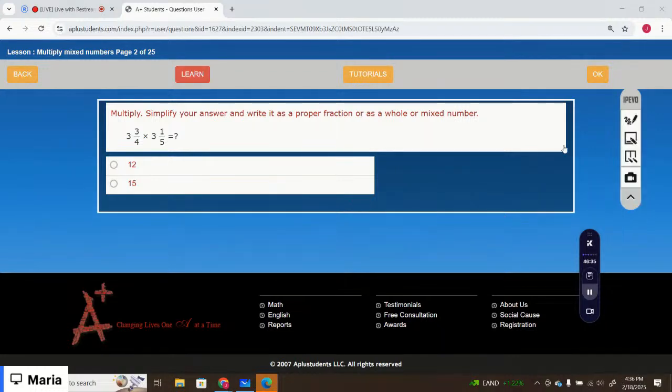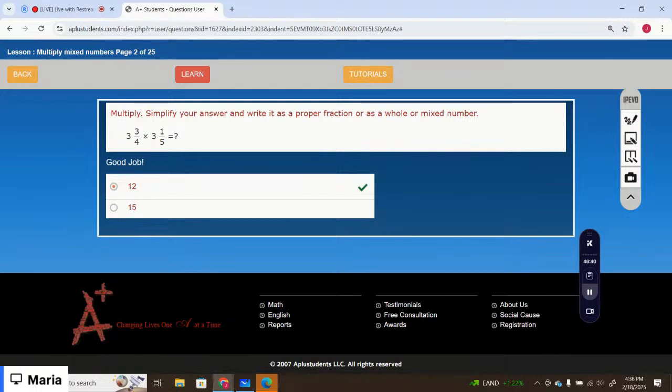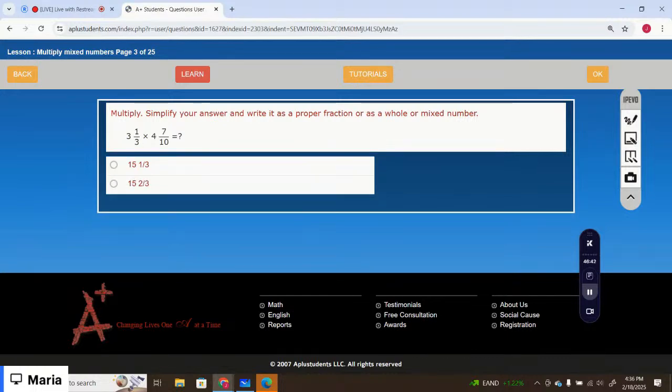The correct option is 12. Option number 1 is the correct option. 3 whole 1 by 3 times 4 whole 7 over 10.